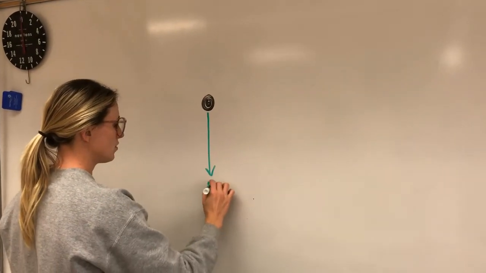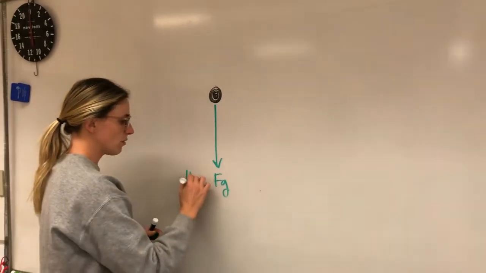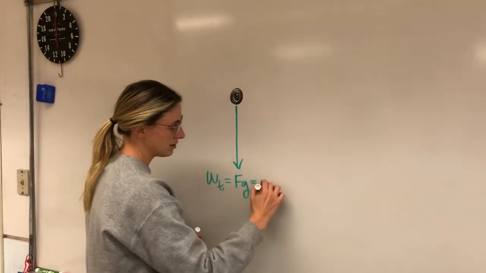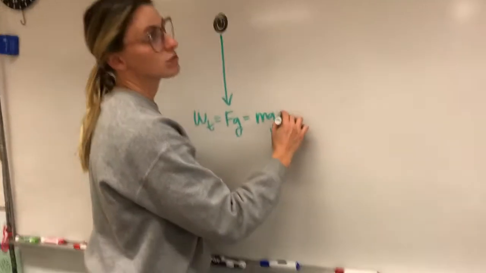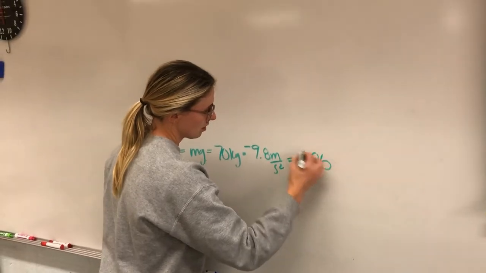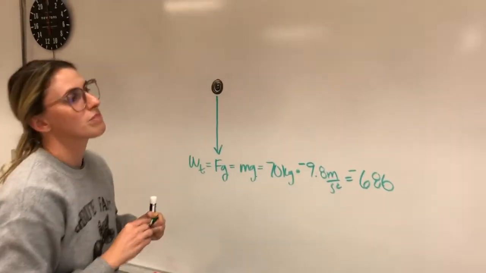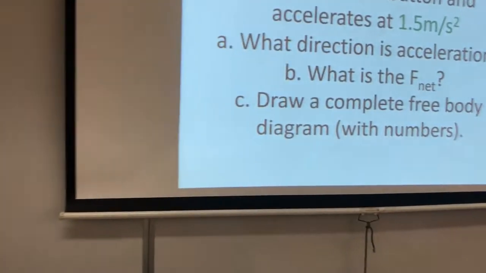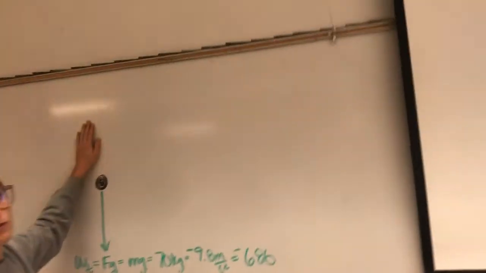I know that the force of gravity, which is the same thing as my weight, is mass times gravity, which is 70 kilograms times negative 9.8. That's negative 686.